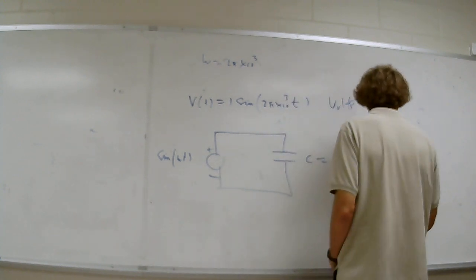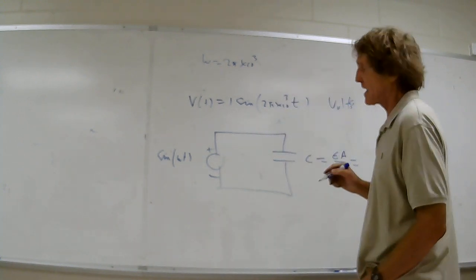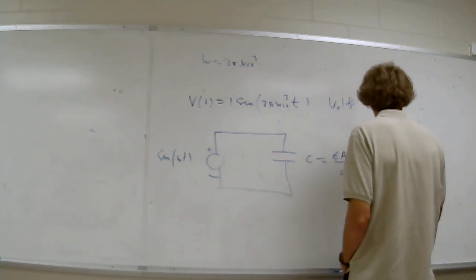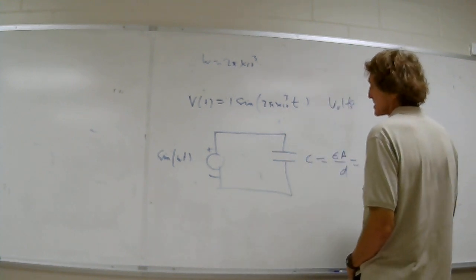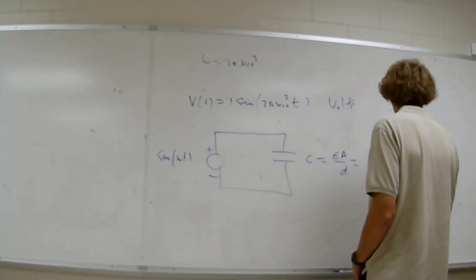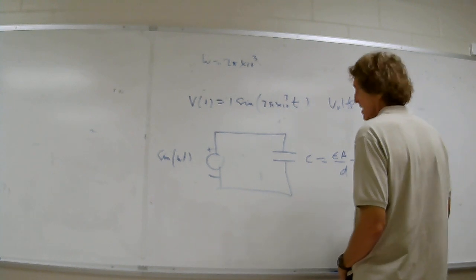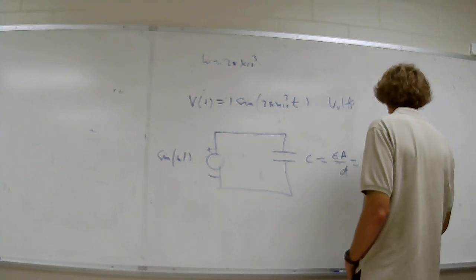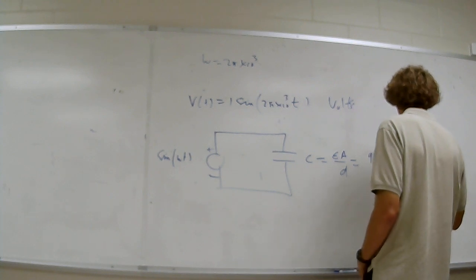Here, epsilon relative is 9, so it's 9 epsilon naught times area, 60 times 10 to the fourth, or 6 times 10 to the minus third meter squared, over distance, which is 2 millimeters. That's 2 times 10 to the minus third.